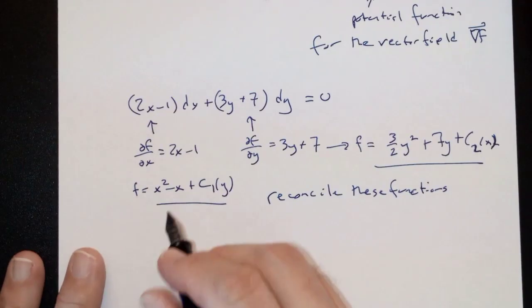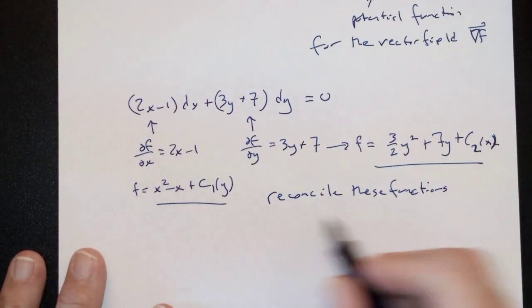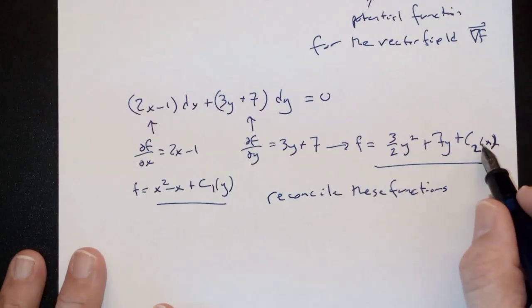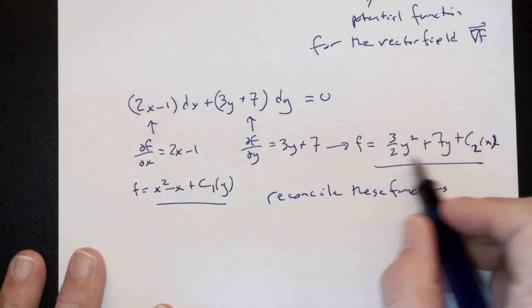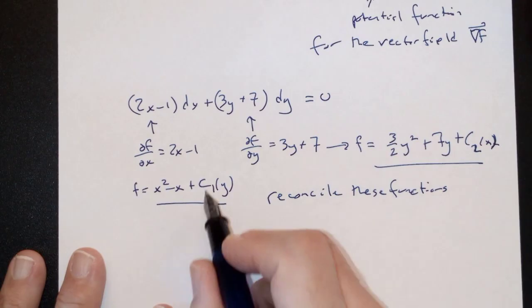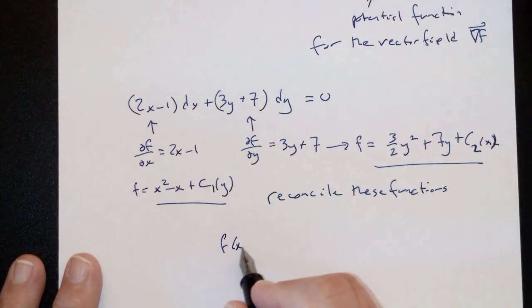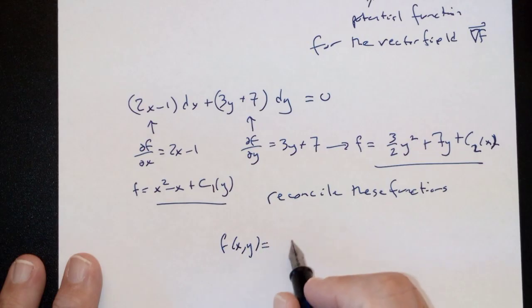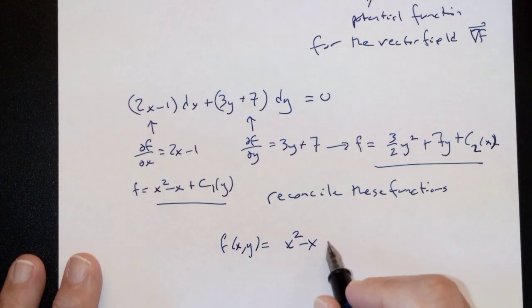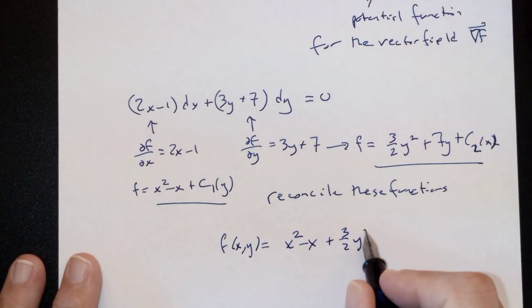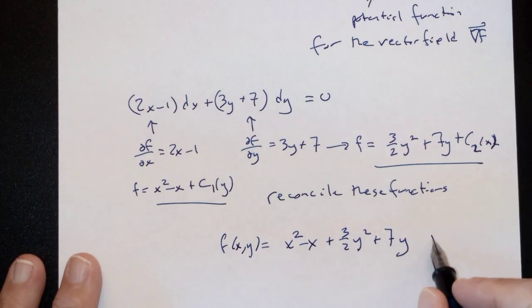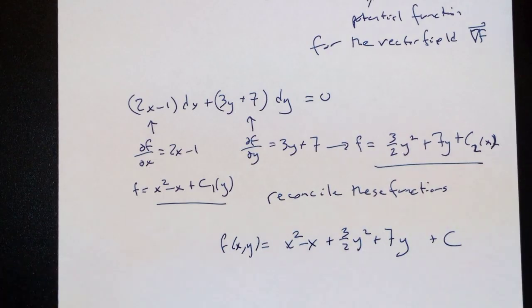Yes. If I think of the x squared minus x piece over here, that's hiding in this. And if I think of the 3 halves y squared plus 7y over here, that's in this. So really, this function should look like this.